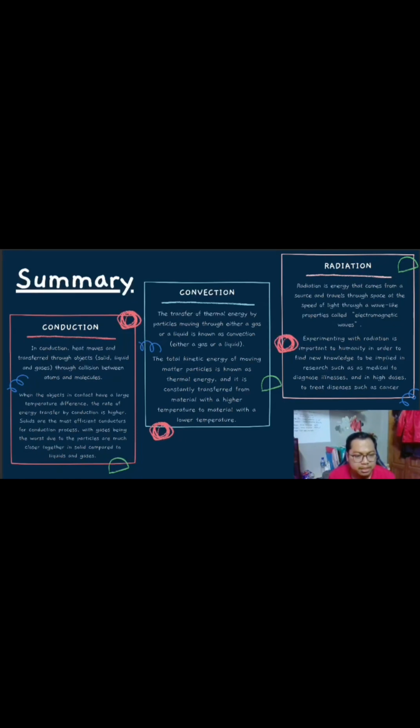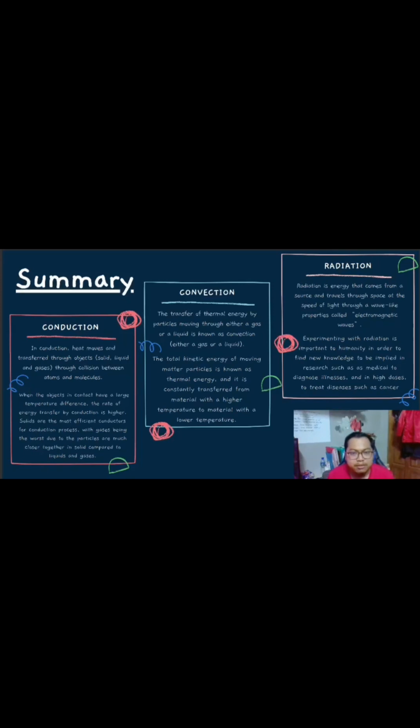In the conduction process, solids are the most efficient conductors, liquids are the medium, and gases are the worst, due to the particles being much closer together in solids compared to liquids and gases.